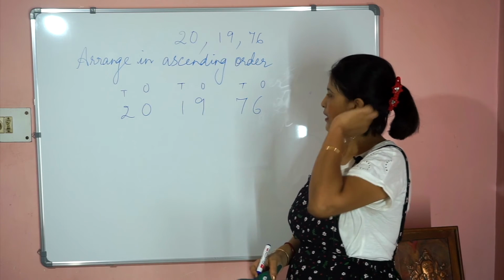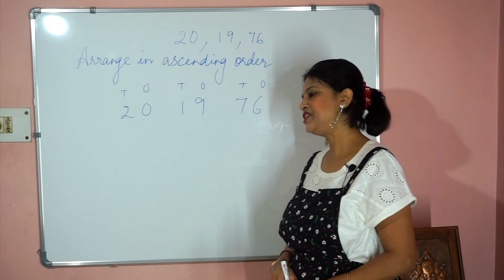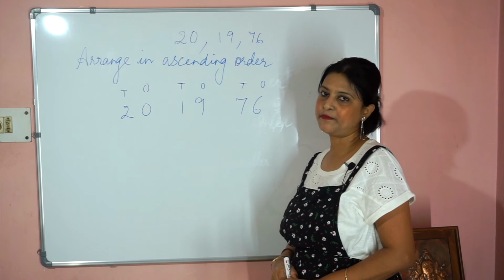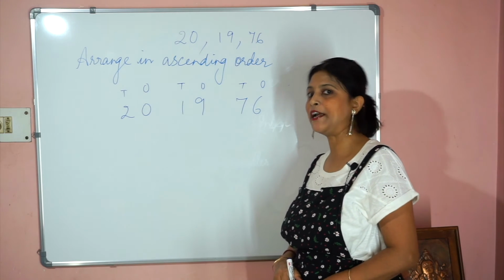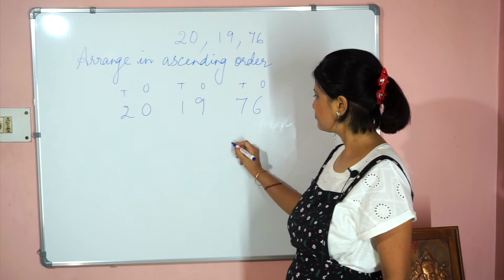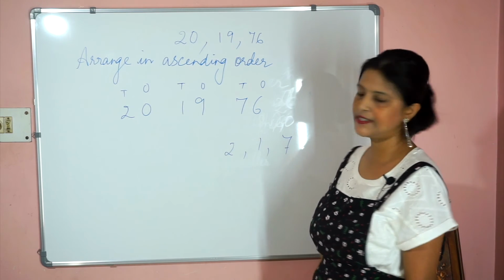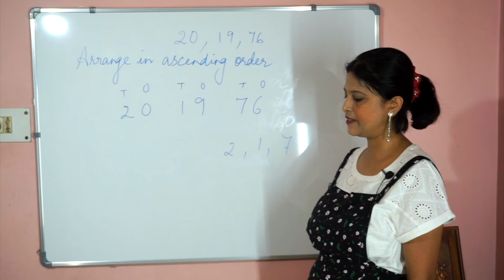Now, look at the tens place first. Which is the biggest tens place digit and which is the smallest tens place digit? We have 2, 1 and 7. These are the digits in the tens place.